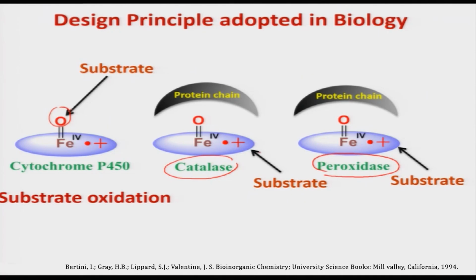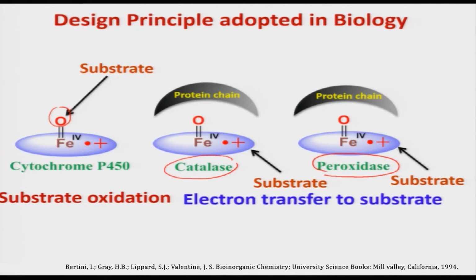So, these radical transfer reactions are actually possible in the case of catalase and peroxidase, and that is the reason why these two are doing completely different reactions, not oxo transfer reactions, whereas cytochrome P450 undergoes oxo transfer reaction.